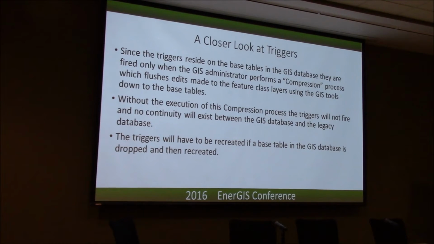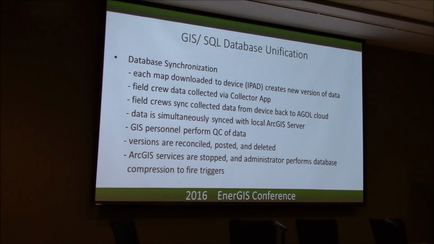And since those triggers resided on the base table, we had to perform a database compression to get the triggers to fire. We'll talk about that a little more. And if the feature class in GIS was ever deleted, those triggers would have to be recreated. So that was something to be concerned about.